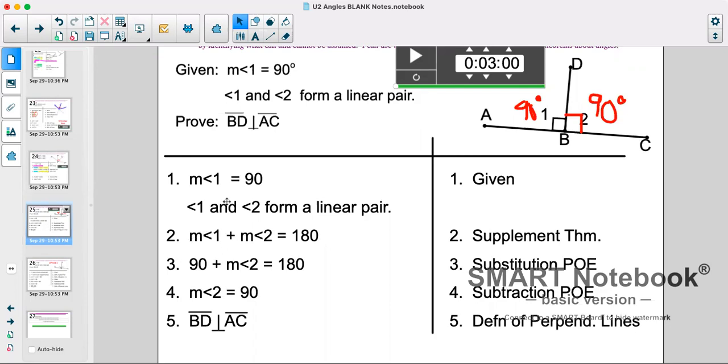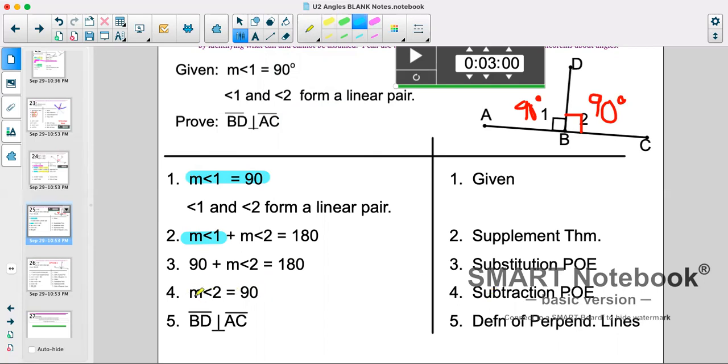Then the next thing I did was I saw that I was given the measure of angle 1 is 90 degrees. I'm given that measurement for a reason, and it is so I can take it from here and substitute it in. So that's why in step 3, the measure of angle 1 is gone, and I plug in 90 degrees in its place. Subtract 90 on both sides by the subtraction property of equality.